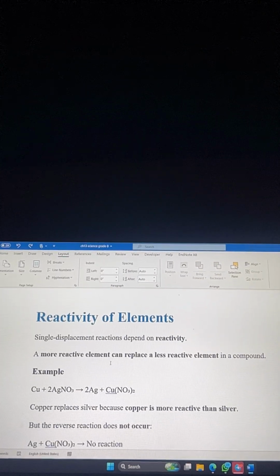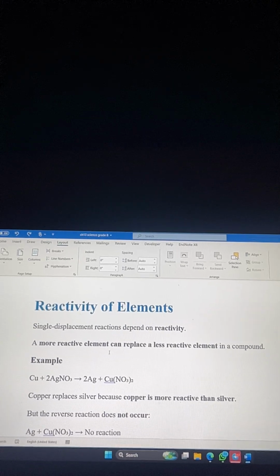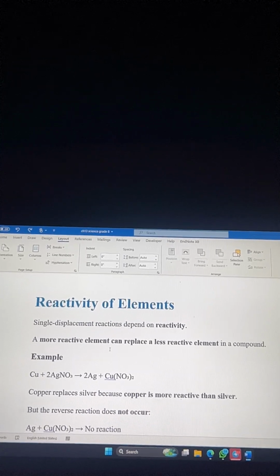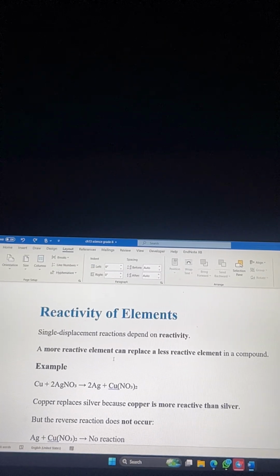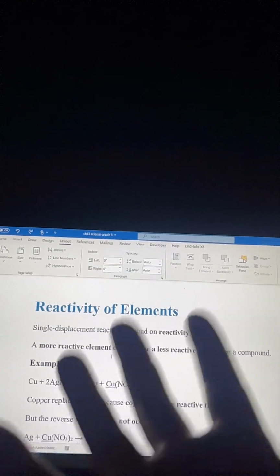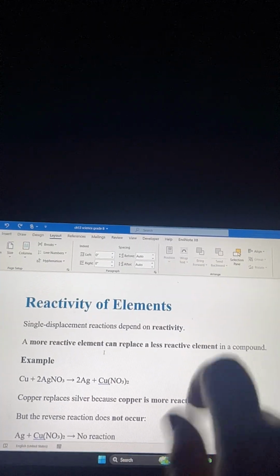What does reactivity mean? It means how strongly they react, or whether they react. So a more reactive element can replace a less reactive element in a compound.